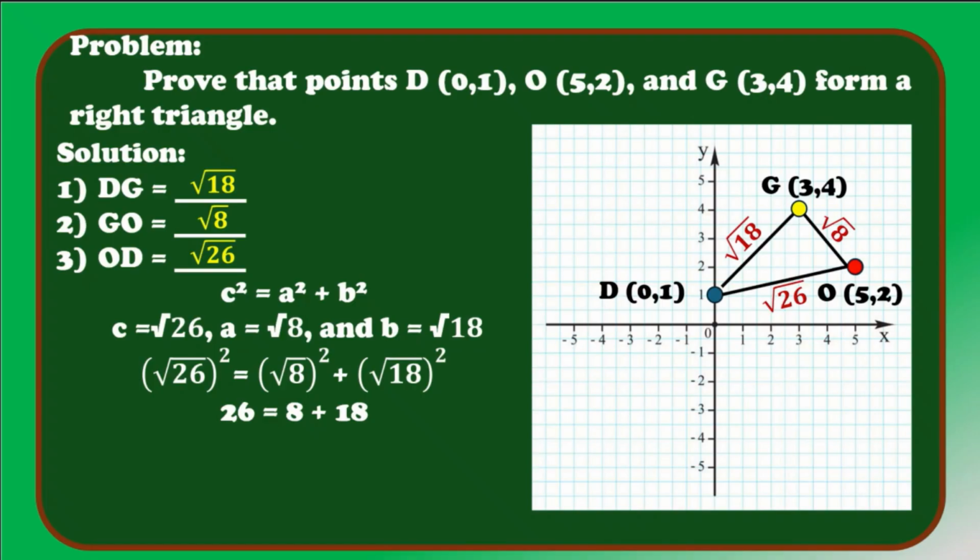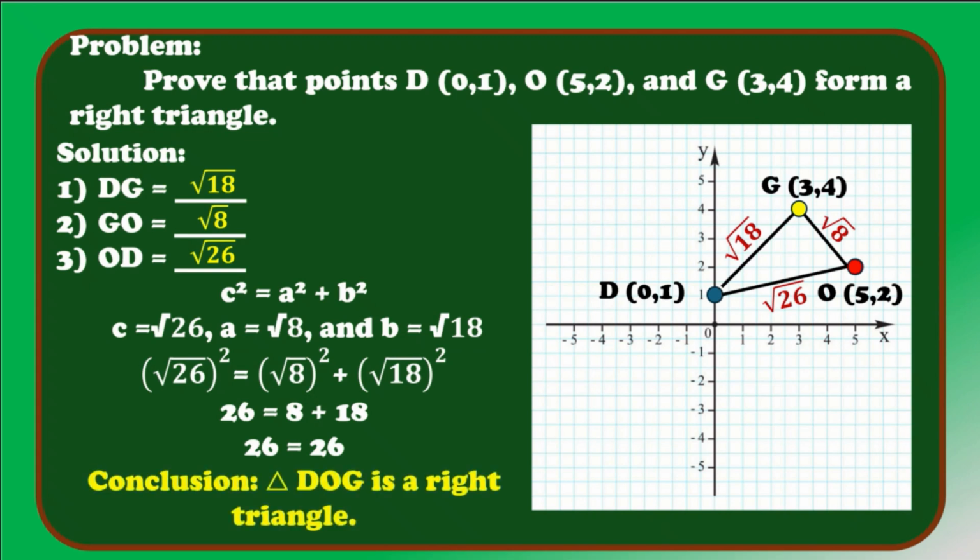Simplify it further by getting the sum of 8 and 18, so we copy 26, and that will be equal to 26. In short, it satisfies our Pythagorean theorem. So we can conclude that triangle DOG is a right triangle.